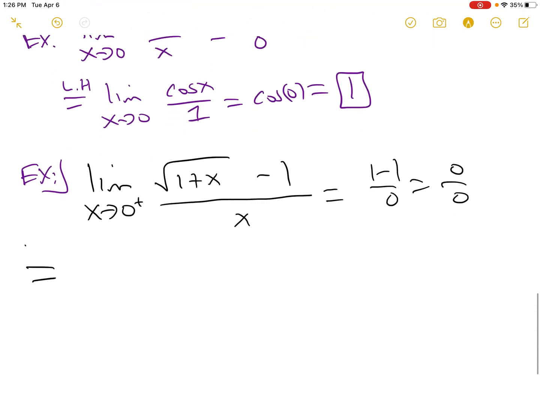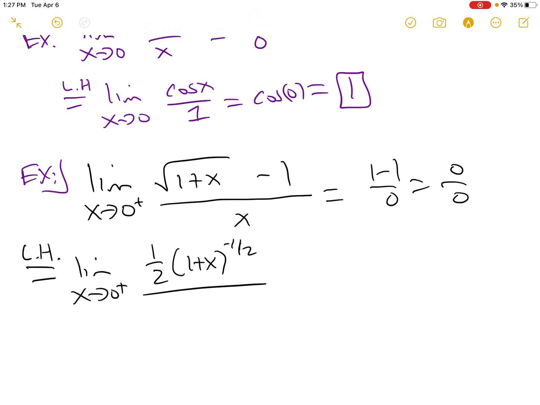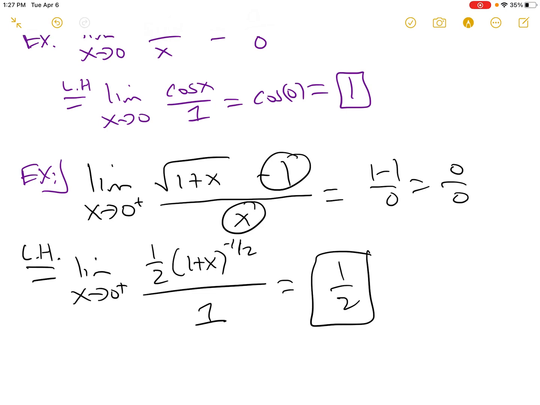Okay, so by L'Hopital's rule, this is 1/2 (1 plus x) to the minus a half over 1. The derivative of 1 is 0, and the derivative of x is 1. And this becomes 1/2. Okay.